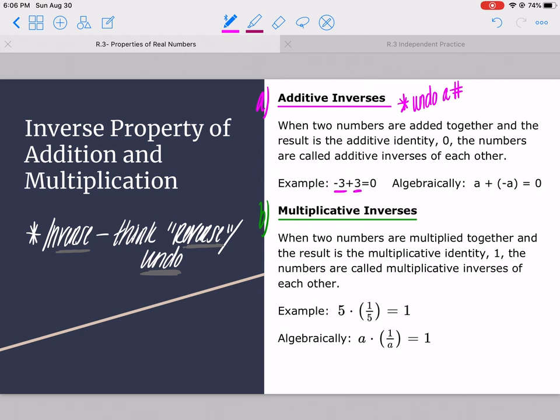Well, I'd have to add 3, okay? And that gives me 0. So any number, when you add its opposite number, you're going to get 0, which is the additive identity. So for the additive inverse, you're wanting to do the opposite. You're wanting to add the opposite to undo it. So let's think about, if you have the equation x plus 8 equals 9, and you want to solve for x.